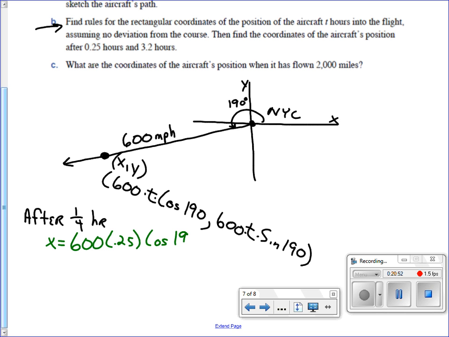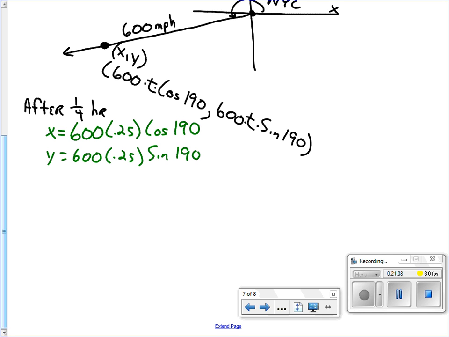Y is 600 times 0.25 times the sine of 190 degrees. And those values, or that ordered pair, is a negative 147.72, comma, a negative 26.05.